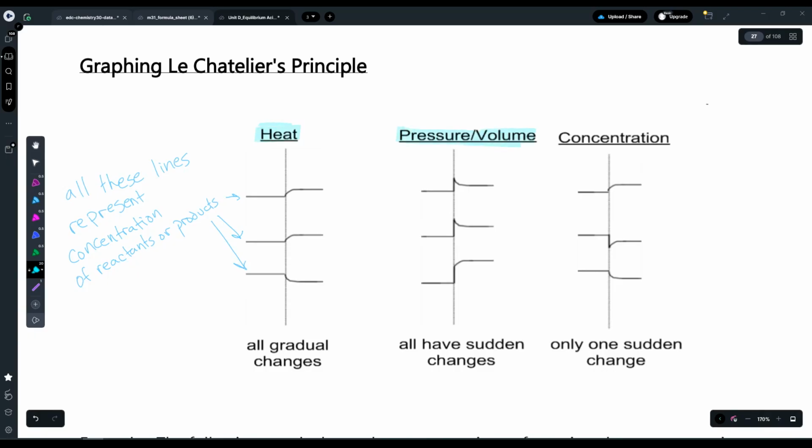So these are all very helpful to keep in mind when we go through the questions.